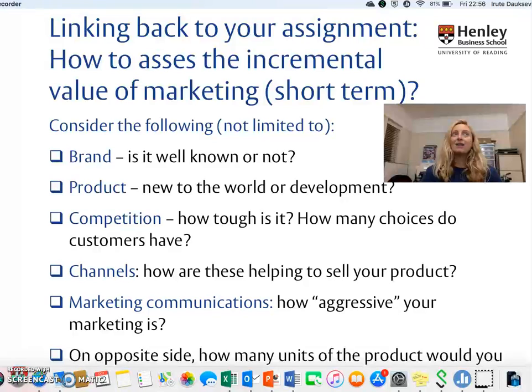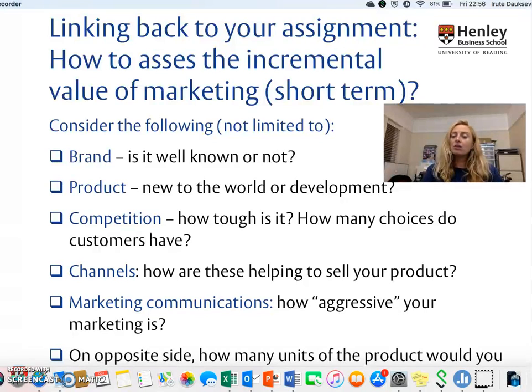Whereas if you look at big brands such as Coca-Cola, Apple, when they want to sell something, they might rely relatively less on marketing than those unknown companies, because the brand is known, there is trust already created. So contribution from marketing might actually be lower than for the companies that are not known in the world and need to market a lot.